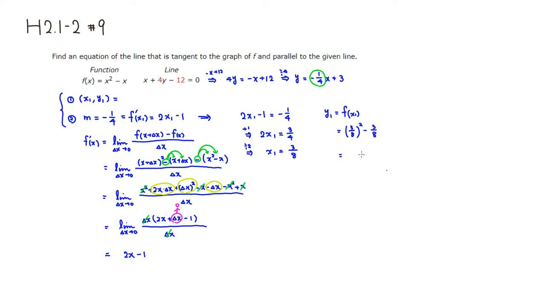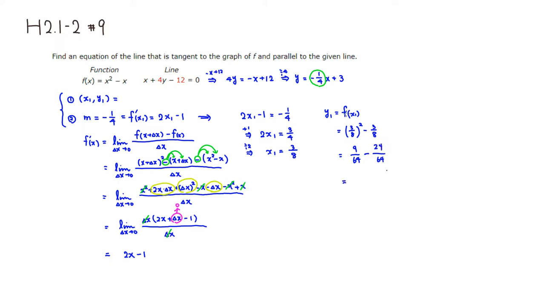Let's see, 8 times 8 is 64, and 3 squared is 9, minus 3 over 8, so I'm going to multiply by 8, that's 24 over 64.